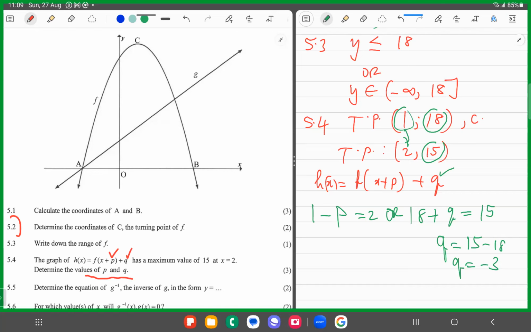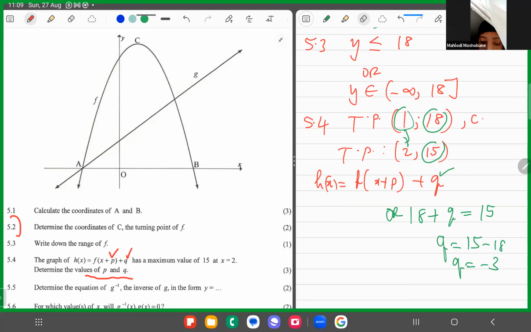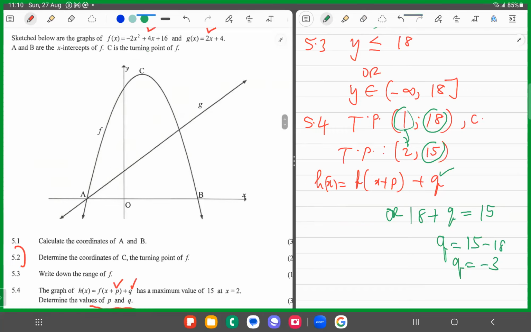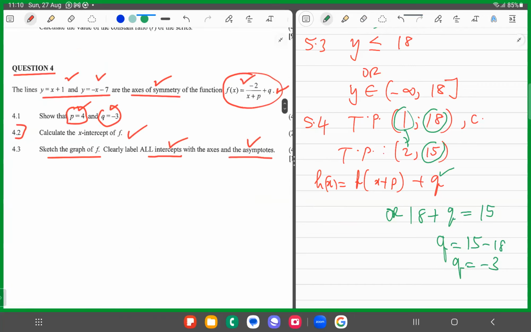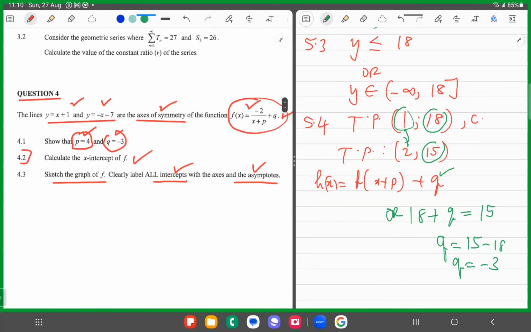You can do it in a couple of ways. The way we did it here, where we got the values of p and q, we did exactly the same thing.